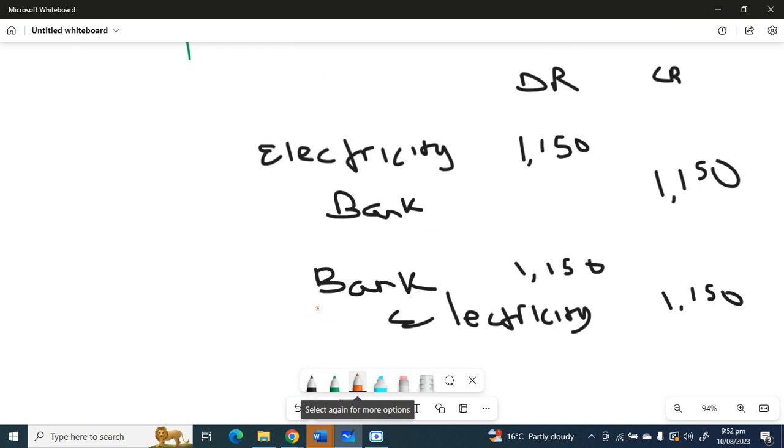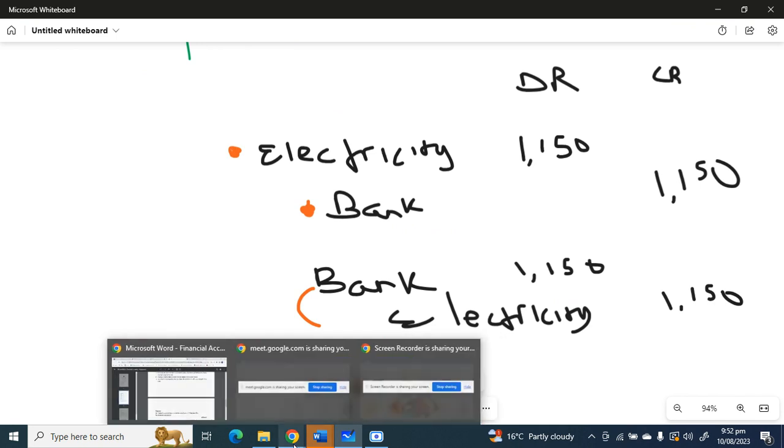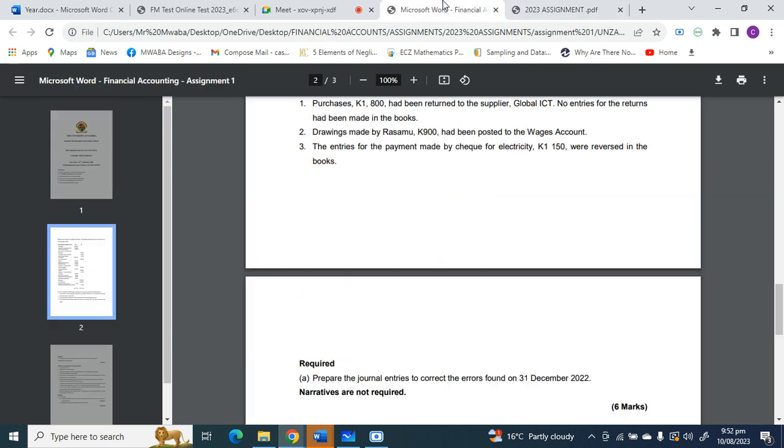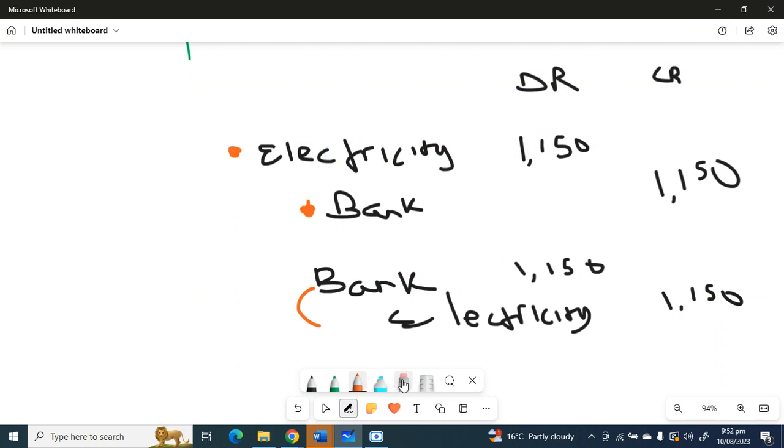We have to credit bank 1,150 and we have to debit electricity 1,150. Oh, wait a minute. Actually, we have to double those entries up. So this is how it is.